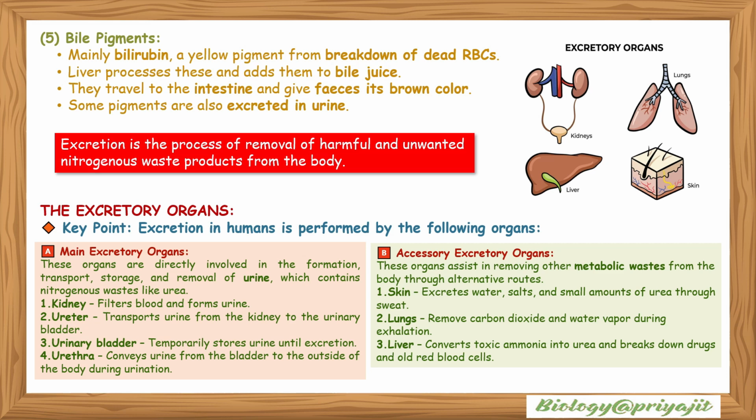So with our urinary system, which includes two kidneys, two ureters, one urinary bladder and one urethra, we also have lungs, liver and skin which help in our elimination process to remove wasteful metabolic chemicals from our body.